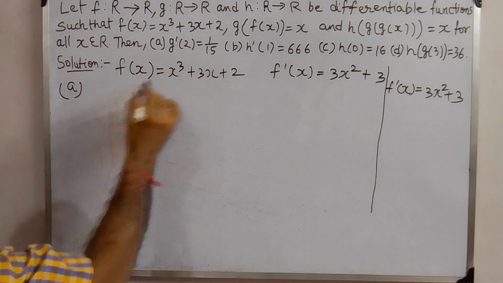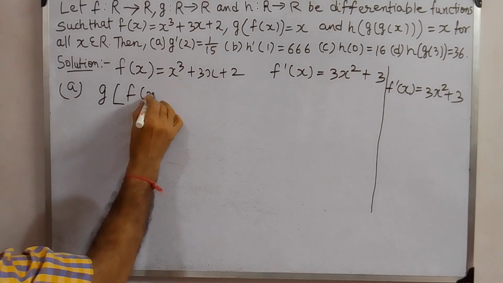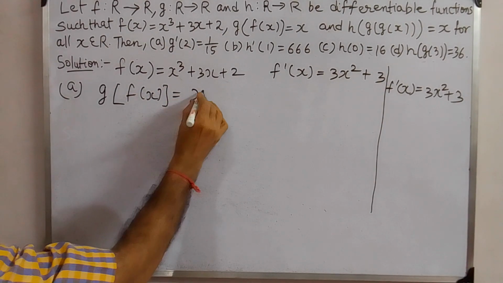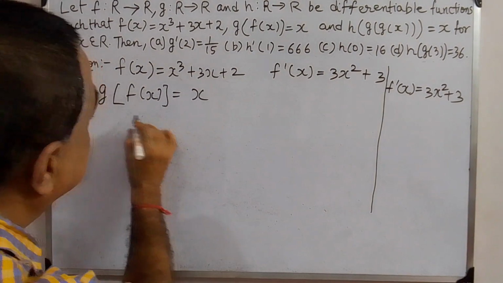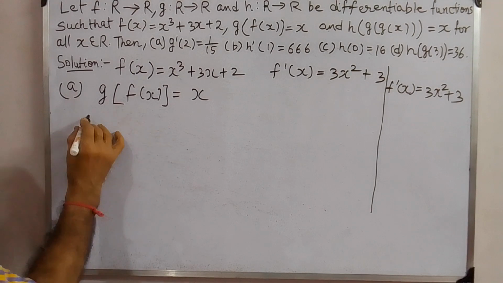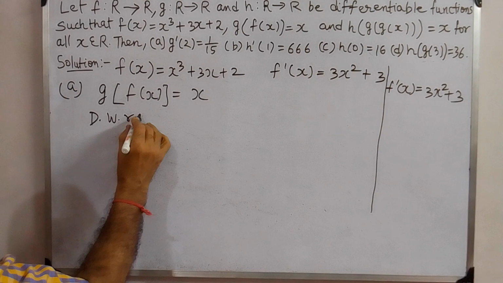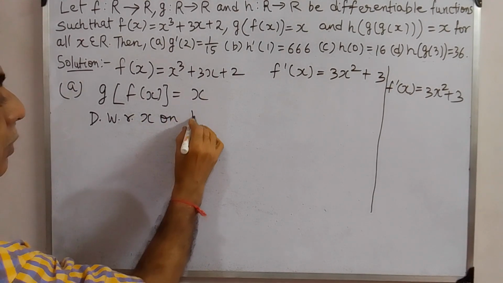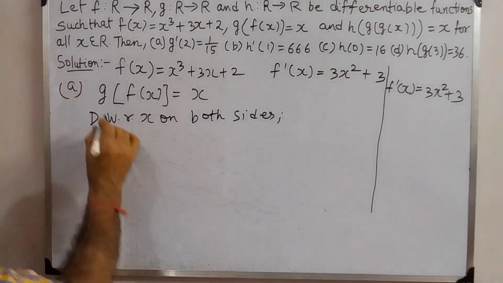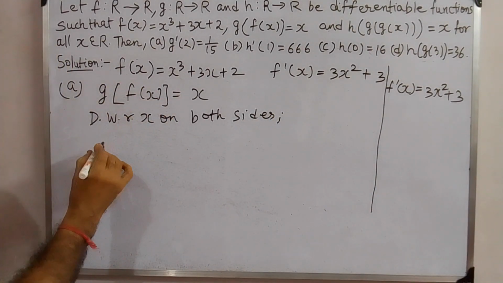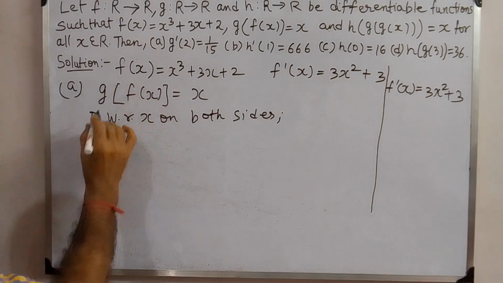Now see here, what we have: g of f(x) is given to be equal to x. So now differentiate both sides with respect to x. This is a function of a function, so by the chain rule we differentiate it.